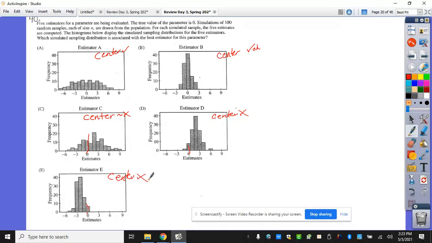So I've looked at the center for each one. What's the other thing I want to account for if I'm trying to find a better one? Spread. And what kind of spread do I want to be what I call quote unquote better? A closer spread, a smaller spread. So is this a good spread? No. That one's too spread out. Is this a good spread? Yep.